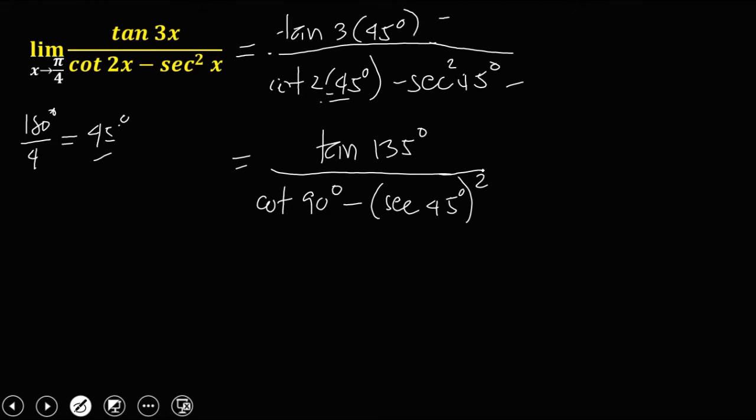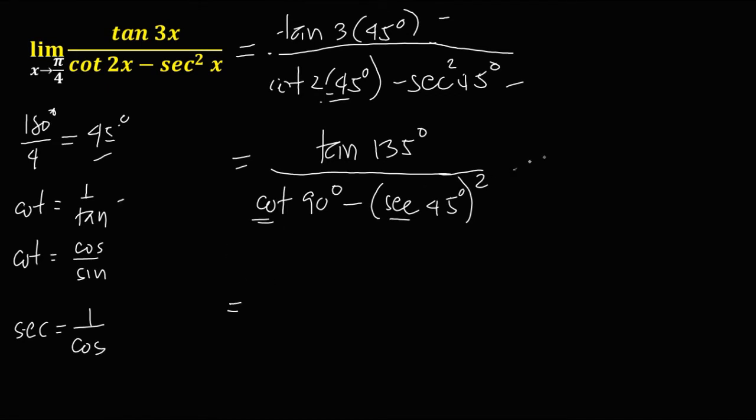Since we don't have cotangent and secant in our calculator, we're going to use an identity. For cotangent, we can use 1 over tangent, or cotangent is equal to cosine over sine. While secant is equal to 1 over cosine.